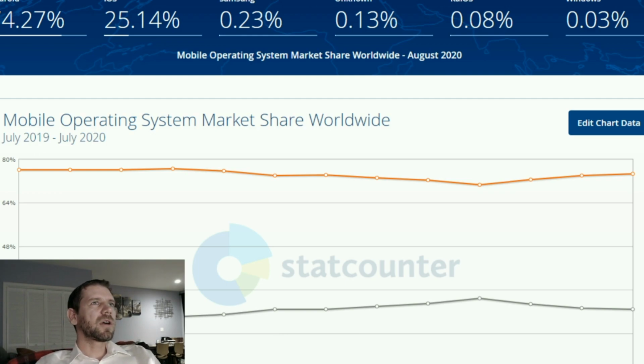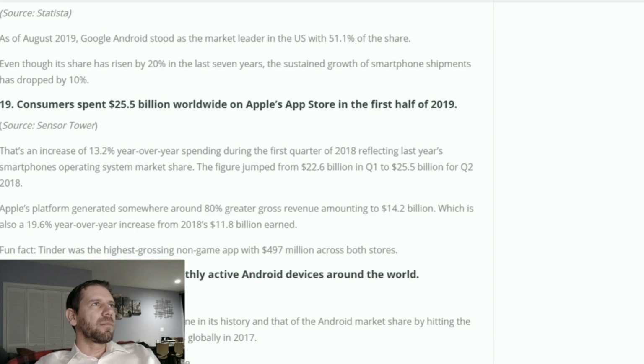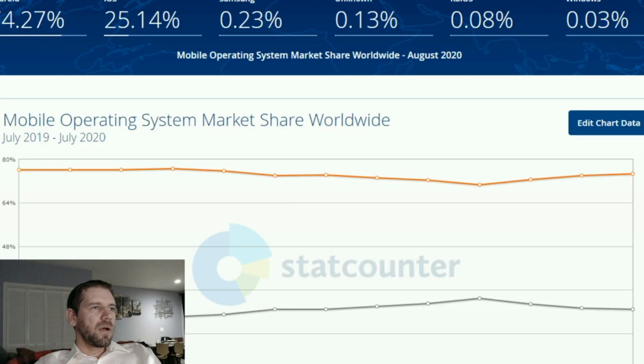And I want to talk about why. And that is because Apple's App Store revenue is about, I want to say $22 billion plus. And then Google, as a comparison, Google Play, which is Android, nets about $11 billion.